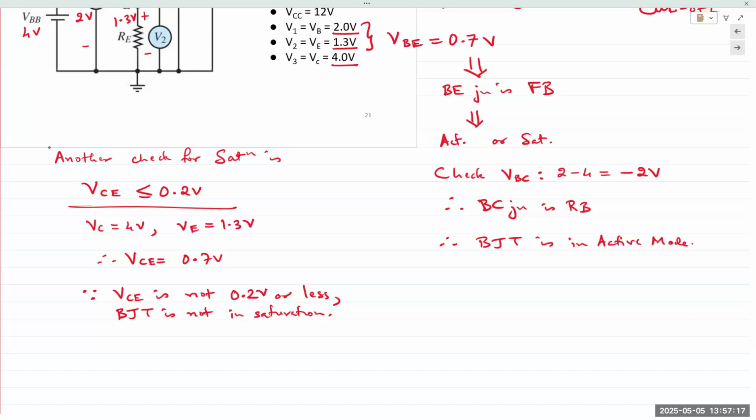The BJT is not in saturation. Three minutes left. Any other questions before I move on? Okay. 4 minus 1.3, so just 0.7.